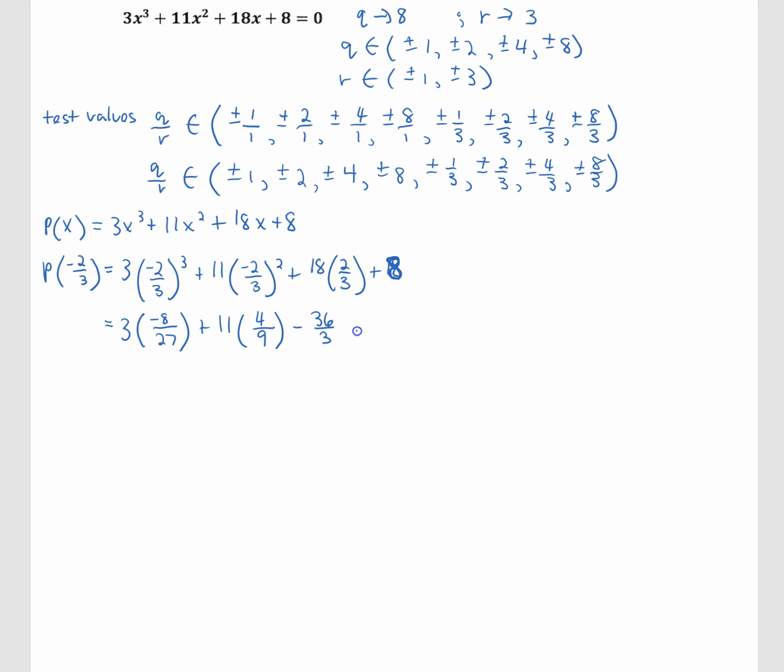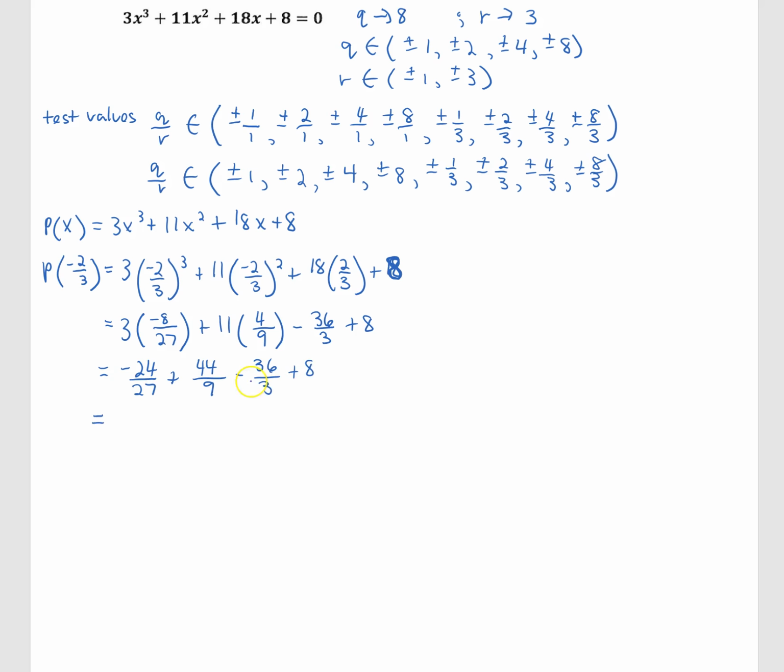We have 36/3 here, plus 8. Multiplying this 3 in gives us -24/27. 11 times 4 is 44/9, minus 36/3 plus 8.